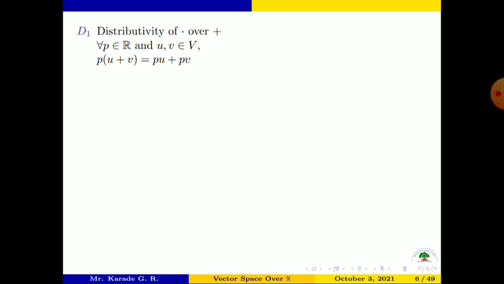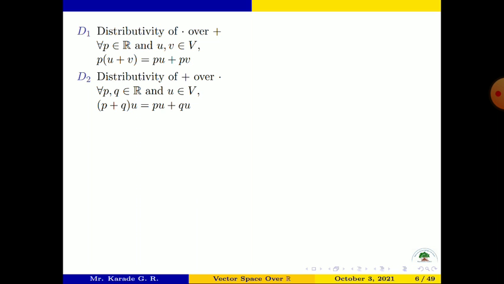This is our first distributive law. The second is D2: for all p, q belongs to R and u belongs to V, p plus q into u is equal to pu plus qu. So these are the two distributive laws.